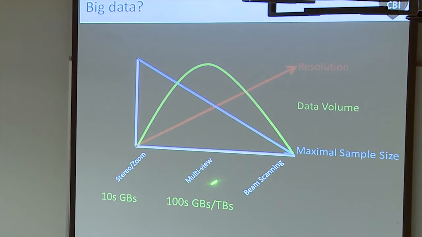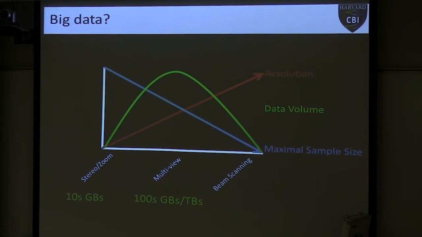So what that means is that the Multiview design microscopes, like the Lightsheet that we're using, the Zeiss product, gives you the largest data set out of the different varieties of microscopes. Okay? So with a stereo to zoom design, you might be dealing with 10 gigabytes of data. Same sort of with this beam scanning one, depending on how many time points you're doing. Obviously, this is just assuming one time point. Whereas here, you're going to be dealing with hundreds of gigabytes, maybe a terabyte of data.